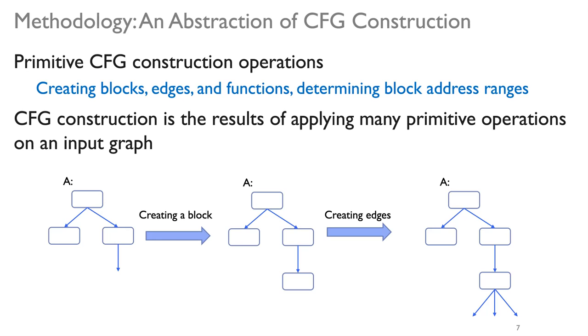Defining primitive operations allows us to treat CFG construction as a sequence of CFG operations applied to an input graph. A typical input graph is just a set of function entry points extracted from the symbol table. As shown in the diagram, we have an input graph on the left, and then we apply a block creation operation and several edge creation operations.